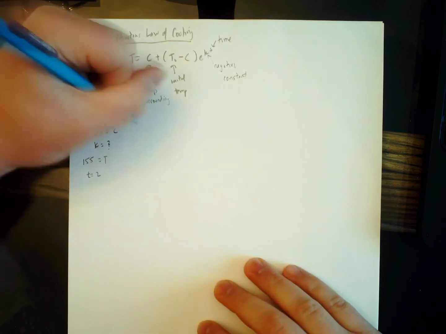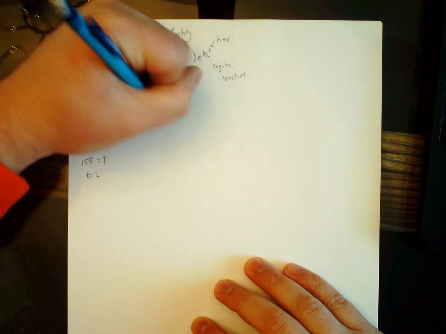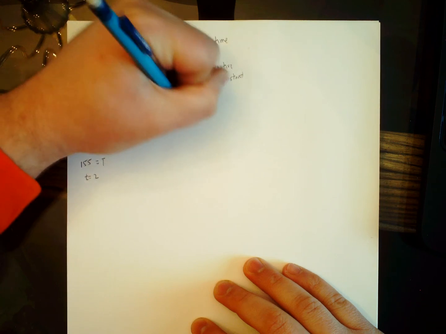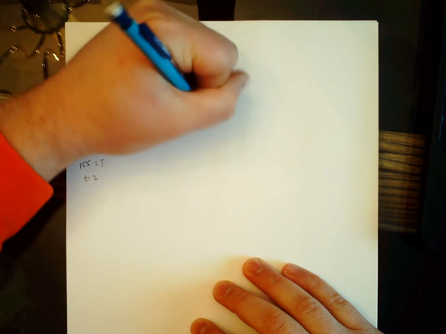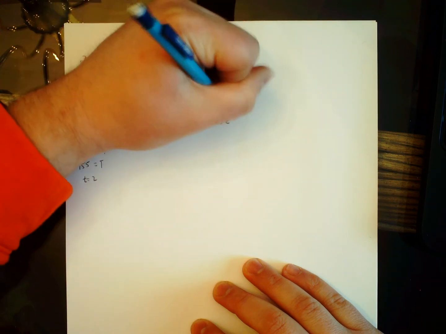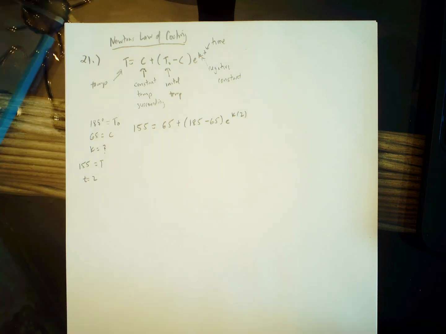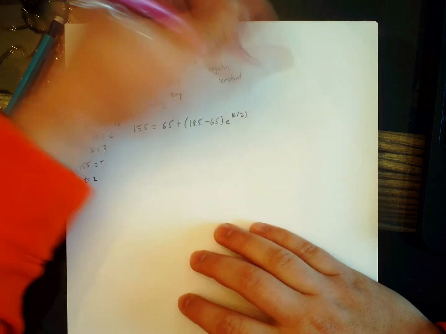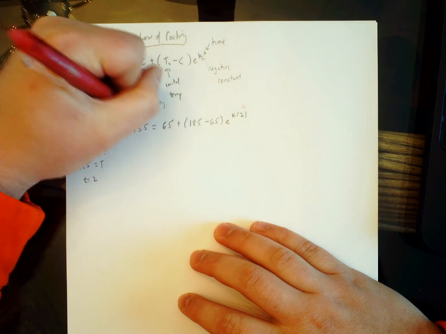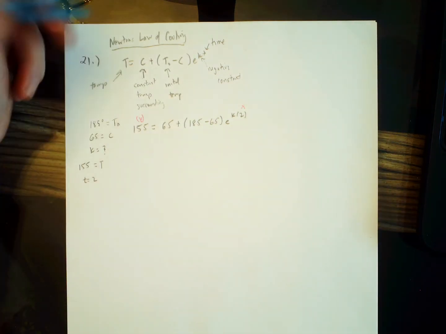So we're going to have 155 equals 65 plus 185 minus 65 e to the k times 2. Now we're basically plugging in an x and a y to find k. So we're like using a data point to find k.